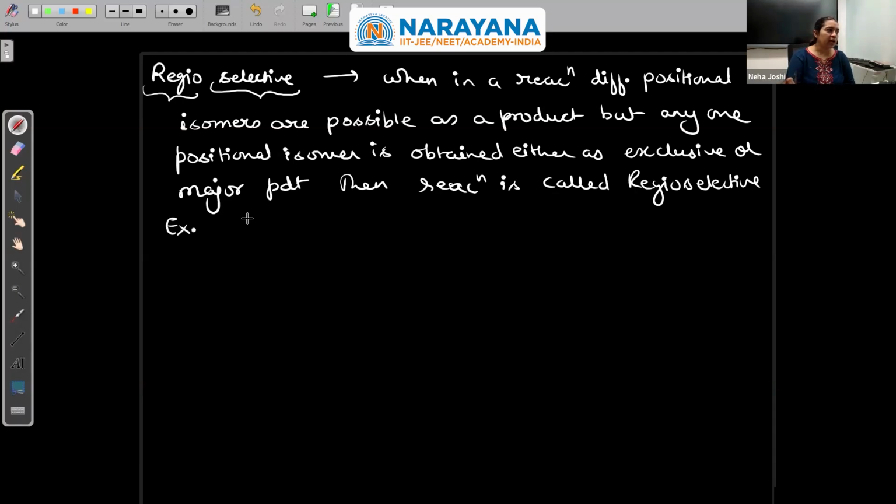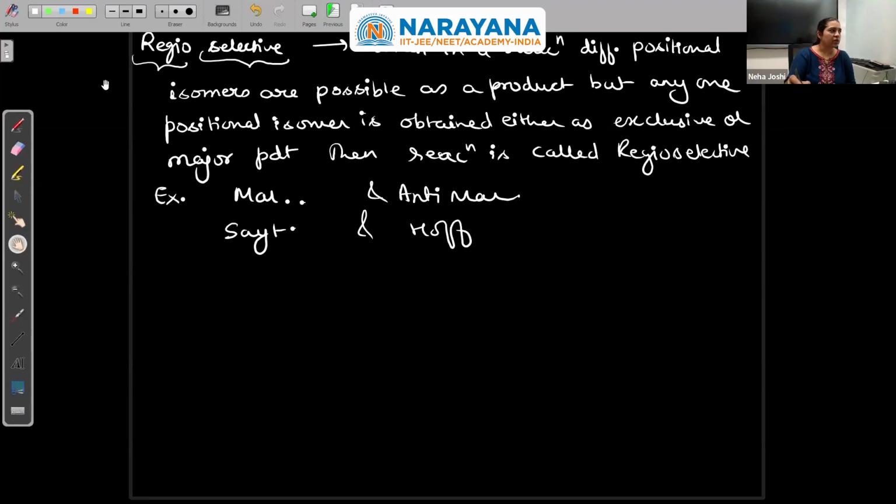Examples are Markovnikov and anti-Markovnikov additions, or the Saytzeff and Hofmann elimination. These are regioselective. Coming to what is stereospecific and stereoselective, now be very careful.